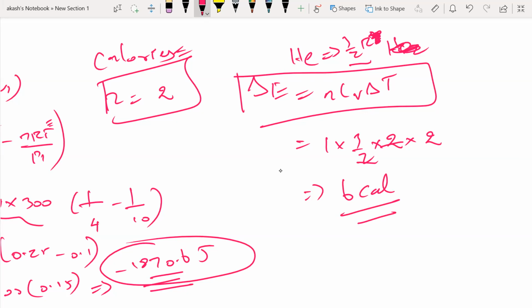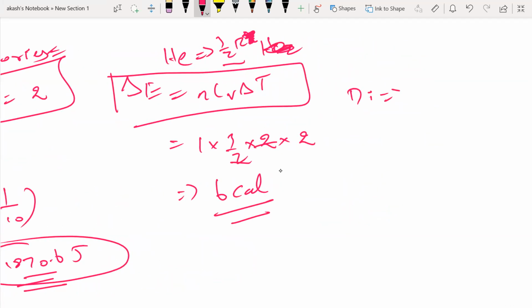Sir, for the diatomic and polyatomic gases, you told you would give the formula after the break. For a monoatomic gas, it's 3 by 2 into R. For diatomic gas, it is 5 by 2 R. Diatomic or polyatomic, they will not have much changes.